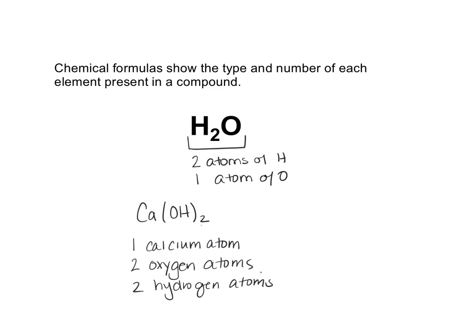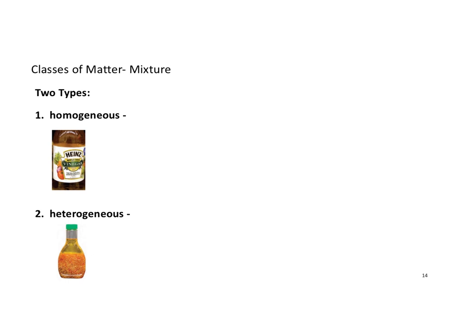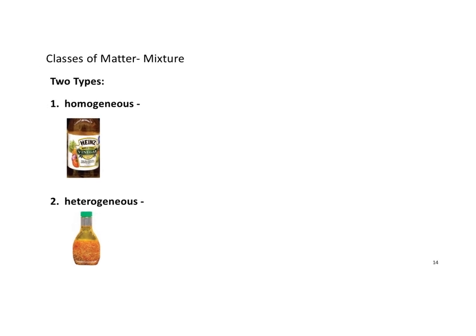Now, we can also have mixtures. When we talk about mixtures, we have 2 different types. So a mixture is just a combination of 2 or more pure substances.